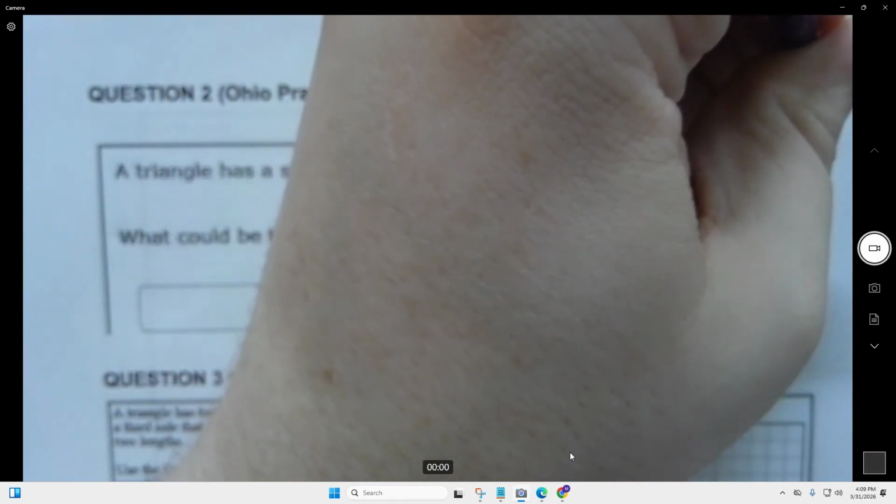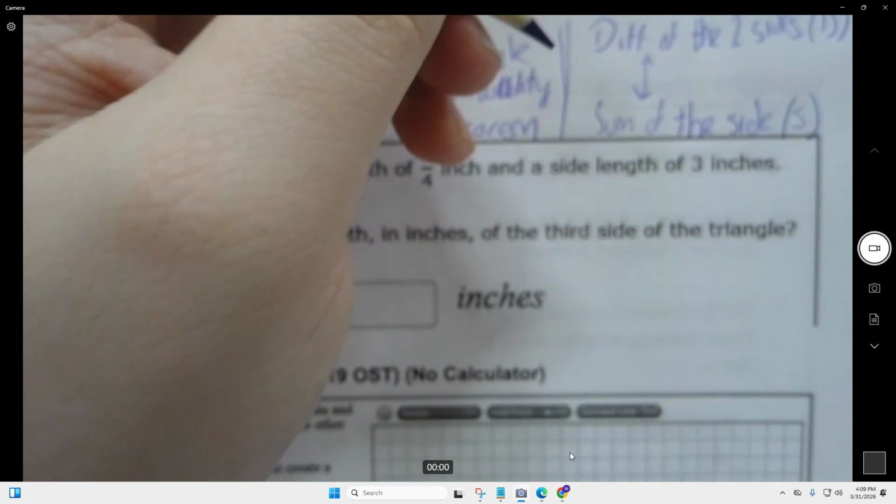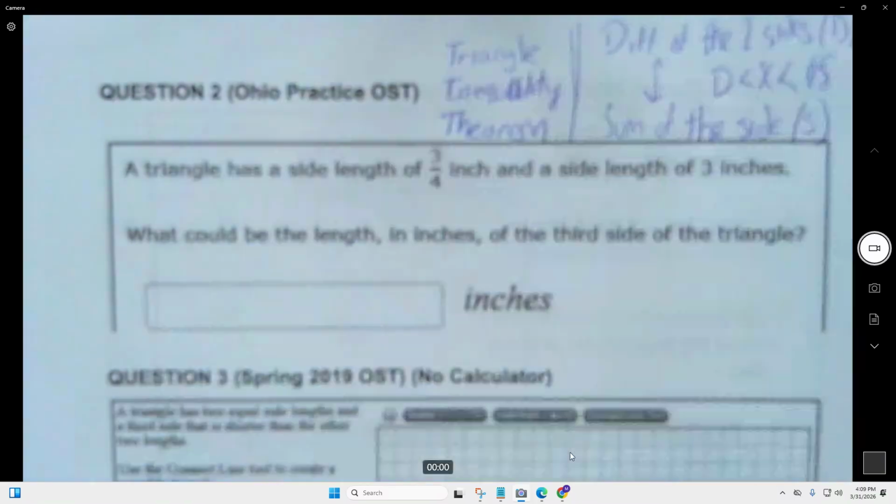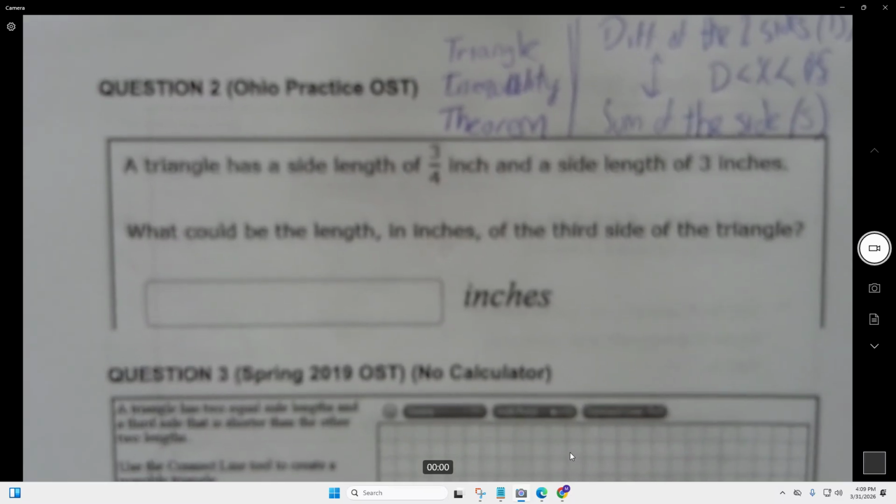So let's refer to the difference as D and the sum as S. That means D would be less than x, and x would be less than S, where x is the length of your third side.